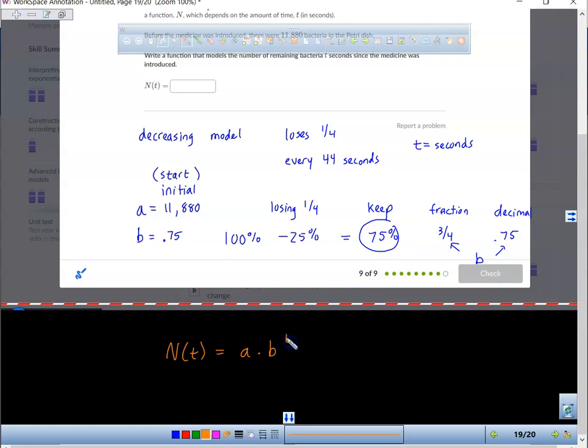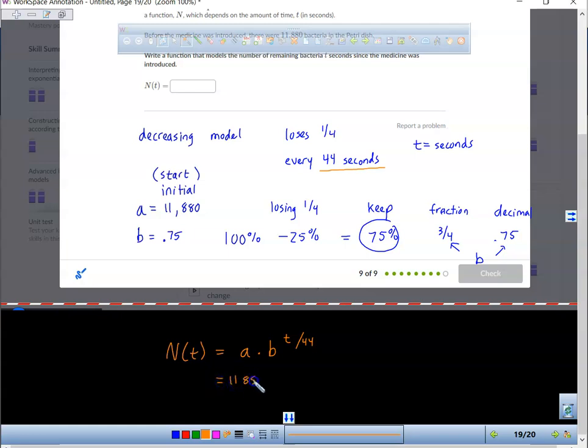raised to the power of t over 44. You're like, whoa, where'd you get the t over 44? Because it didn't say every second, it says every 44 seconds. So we got to be mindful. It's not happening every single second. It's happening every 44 seconds. So what is our A value?